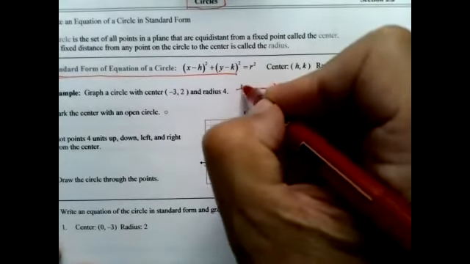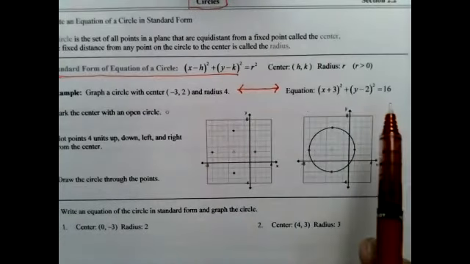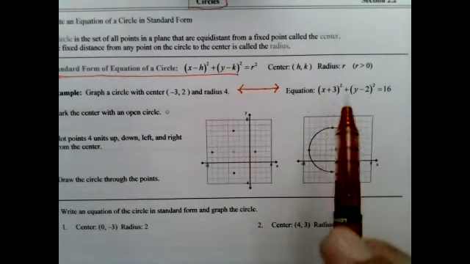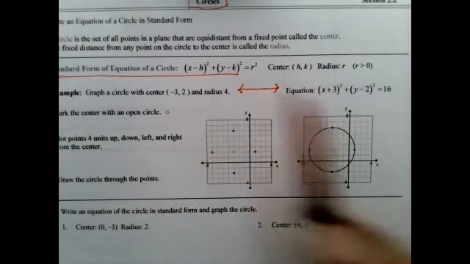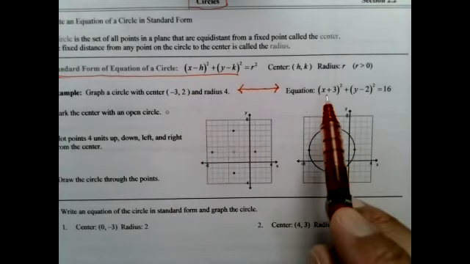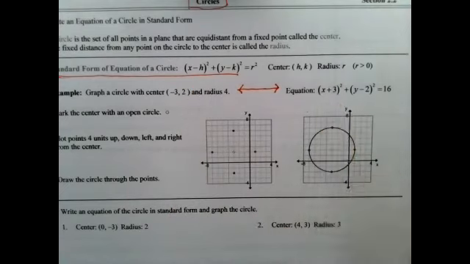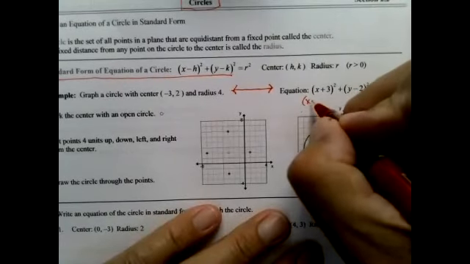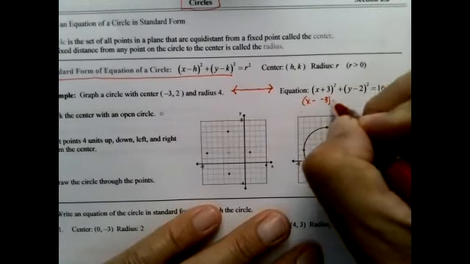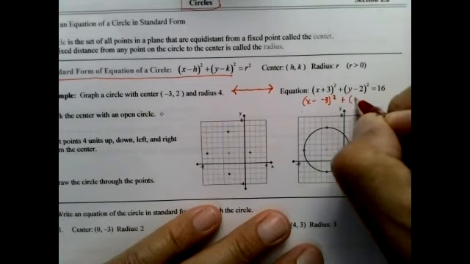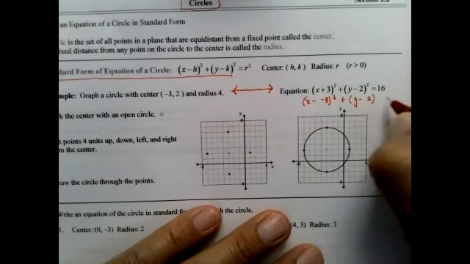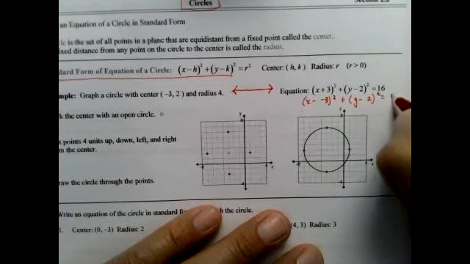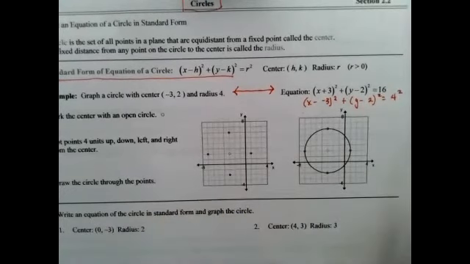All right, here's an equation of a circle. This is x minus h, so this is the same as x minus -3, plus y minus 2, equals 4 squared.